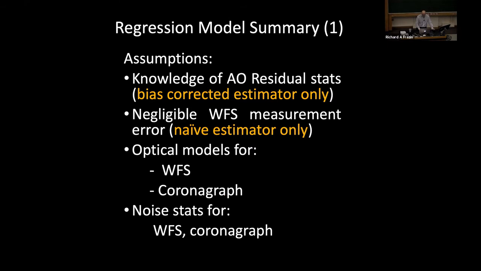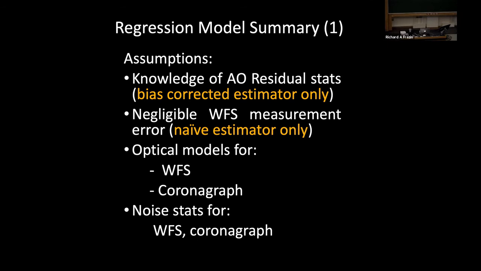The assumptions in the regression model are that, well, I have a couple of different regression models. In one, I assume that you know the statistics of the AO residual wavefronts. Remember, the AO residual is the uncorrected part of the turbulence.